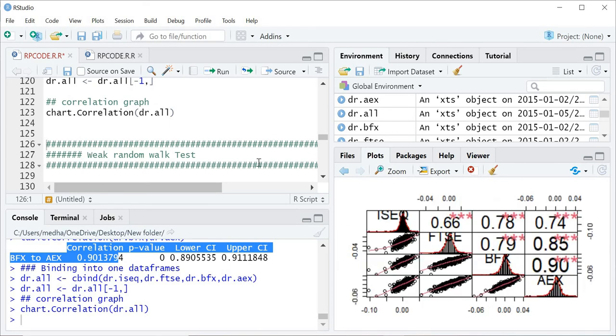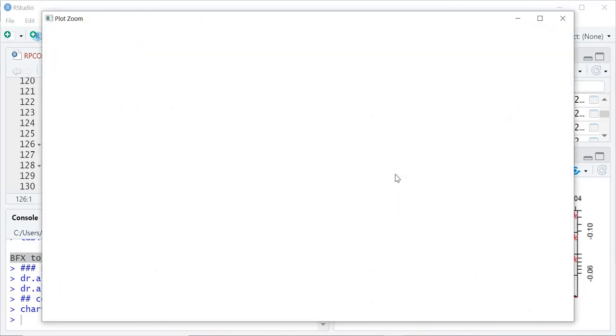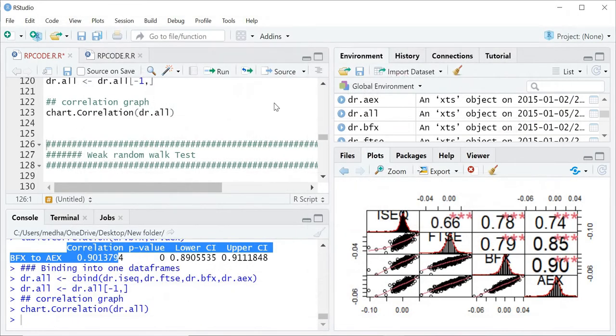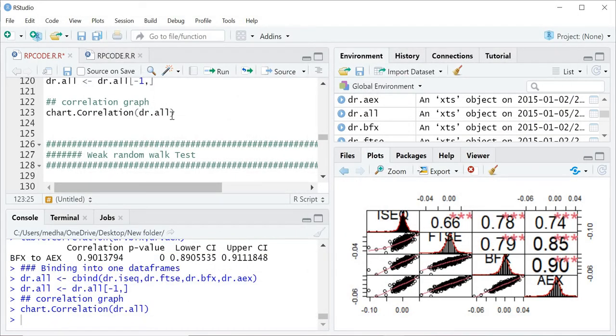Now, to have a graphical representation of how the correlation looks amongst these markets, I could see that all of the markets have a strong, positive and significant correlation, with ISEQ having the highest correlation with BFX. So I could say that if the Ireland market is bullish, I could ascertain that the Belgium market would be bullish, and vice versa.